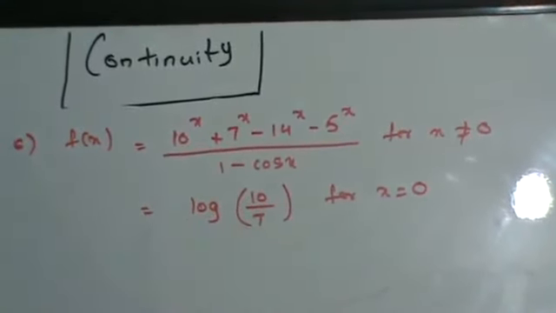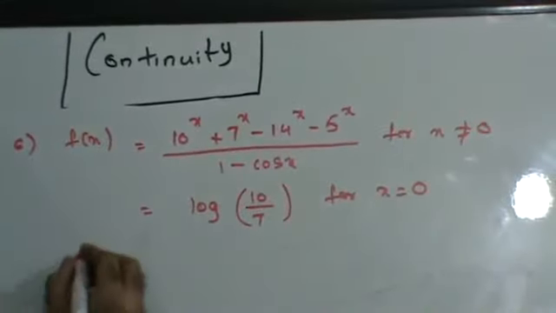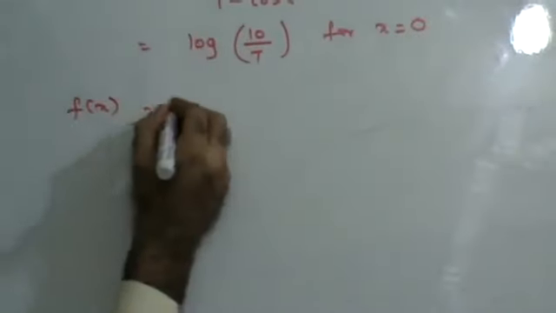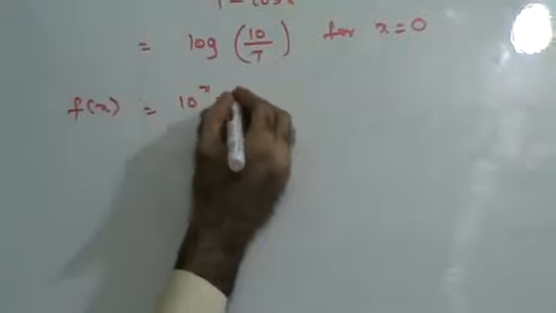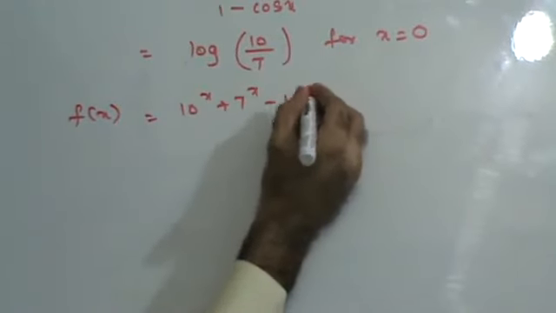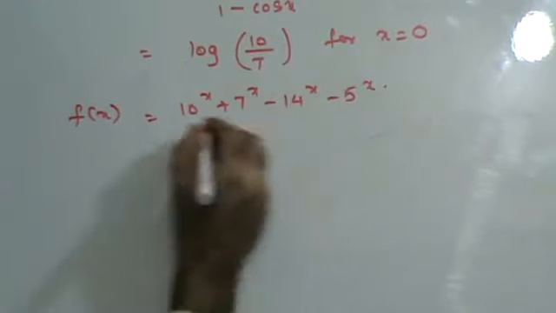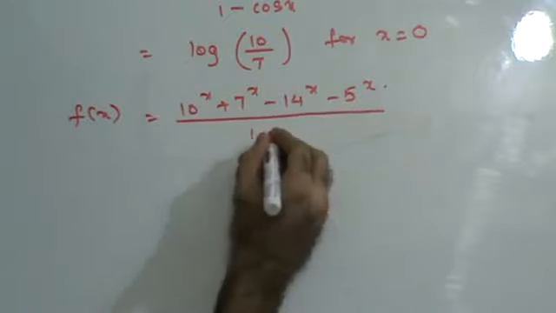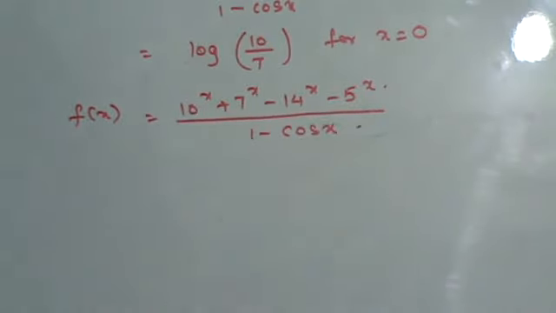You got to test the continuity at x is equal to 0. f of x is 10 raised to x plus 7 raised to x minus 14 raised to x minus 5 raised to x upon 1 minus cos x. Multiply both sides by limit of x tends to 0.